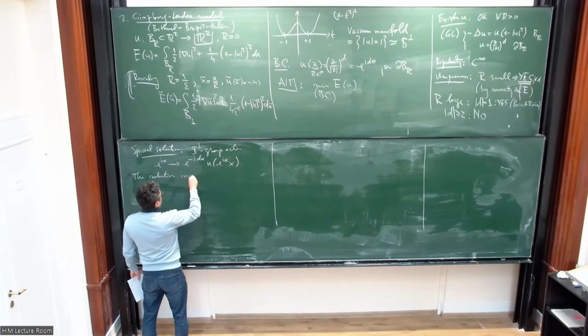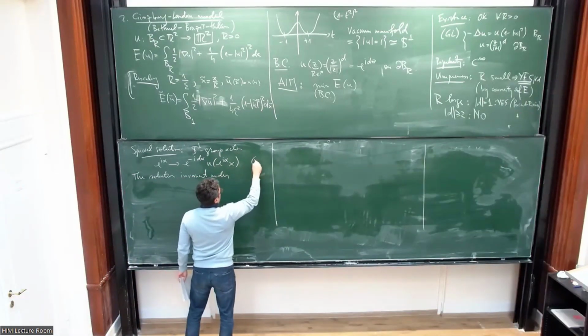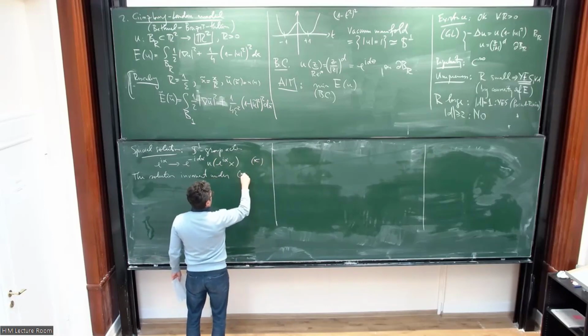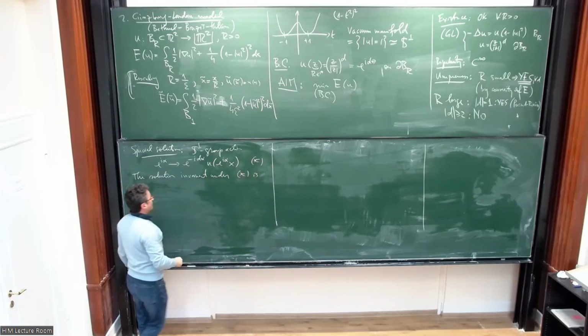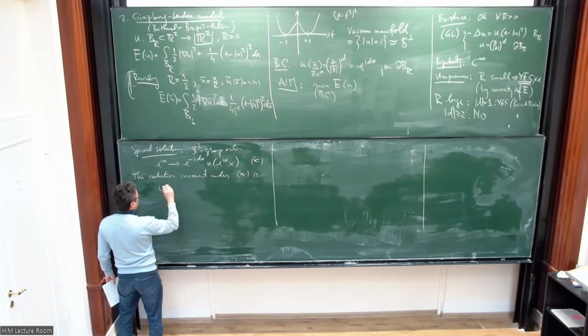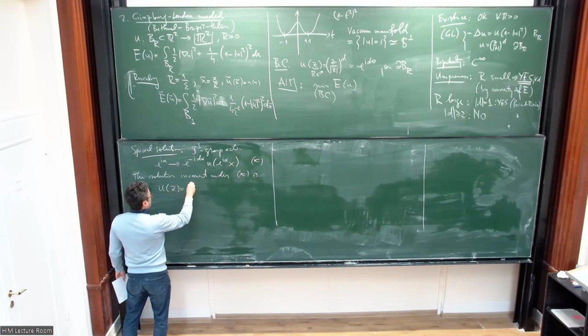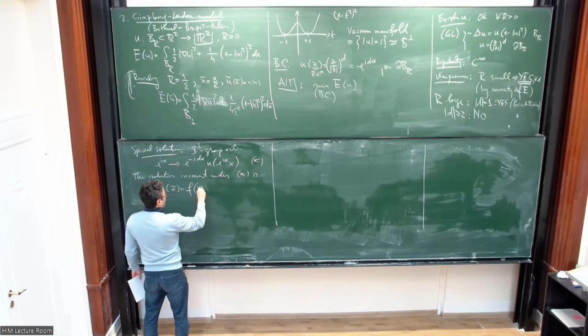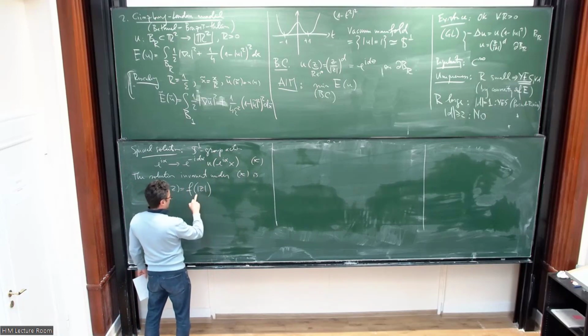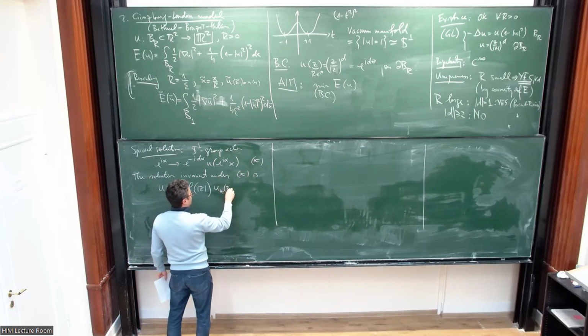So the solution invariant under star is given by the following. Let's put it like this. It's a radial profile, and then we have exactly U star.